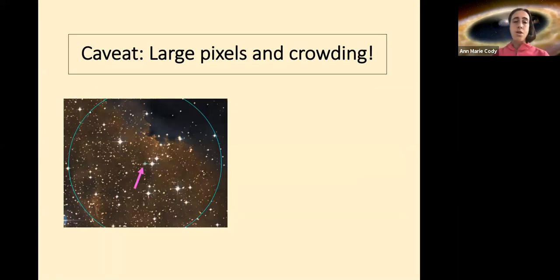Even though these stars are quite bright, there are still crowding issues due to the large 21 arcsecond pixels of TESS. Here's an example of a Herbig star within a fairly crowded young star environment.